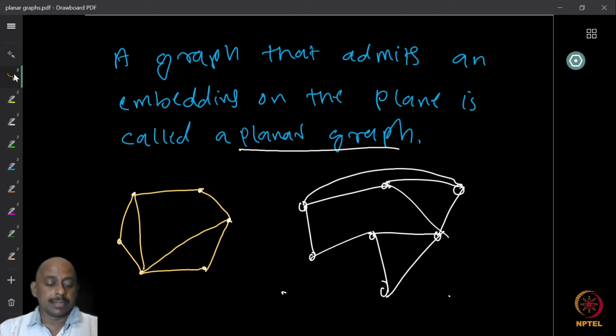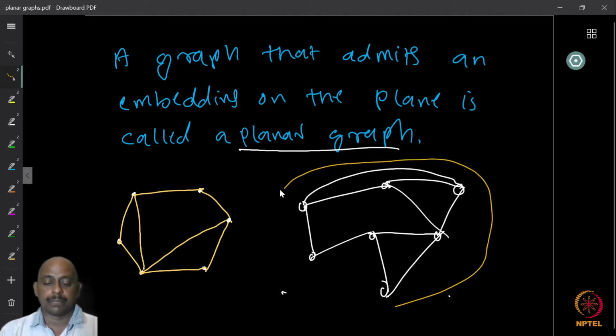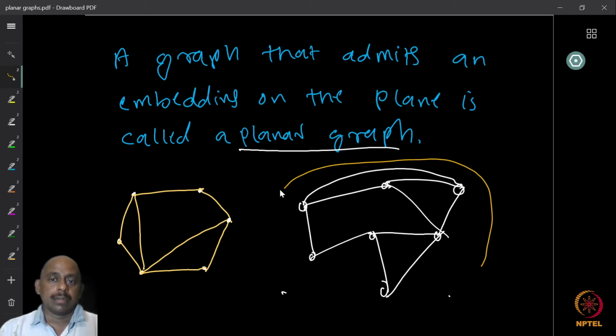And this has the property that the line segments do not intersect anywhere except at the vertices. Similarly, the second graph, you can see again as a collection of points and curves such that they don't intersect each other. So therefore, we can say that this is also a planar graph.